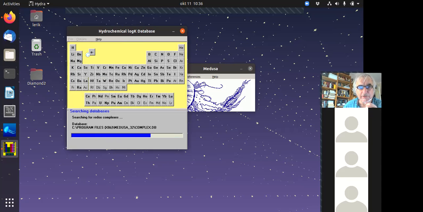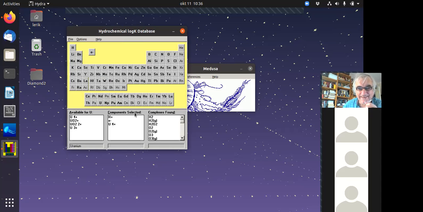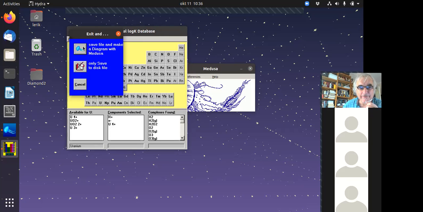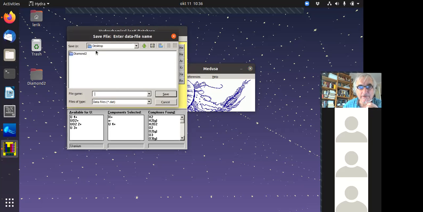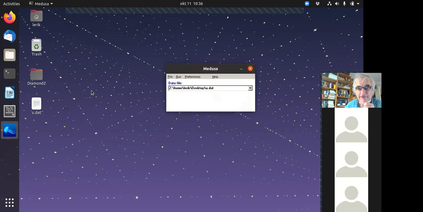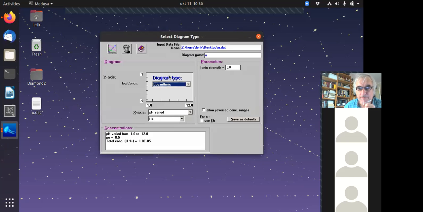This is an old exam question. I never asked it for quite a while, for many years, but of course we reuse our exams. Uranium, run, make diagram. Here we should do predominance.